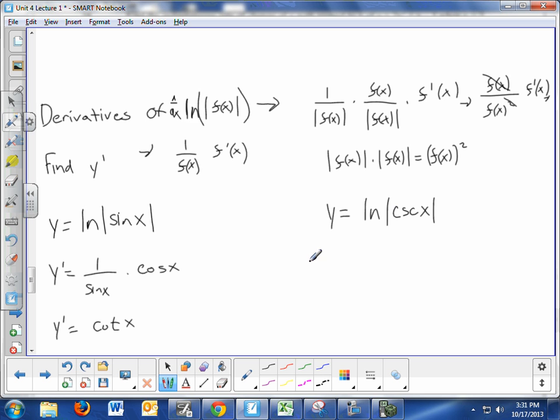Here, the derivative of the natural log of the absolute value of cosecant of x is 1 over the cosecant times the derivative of cosecant. Which is interesting because you end up with just negative cotangent of x.